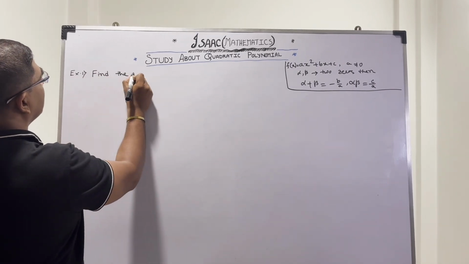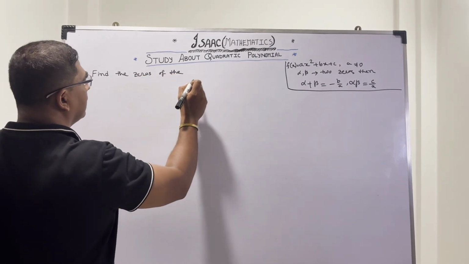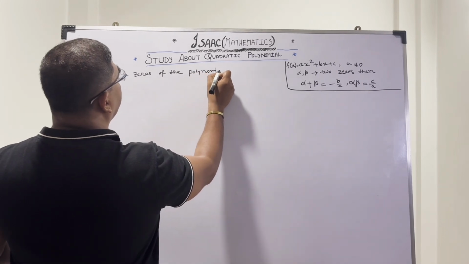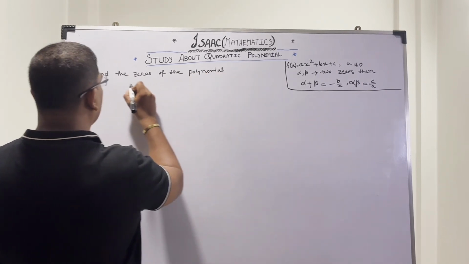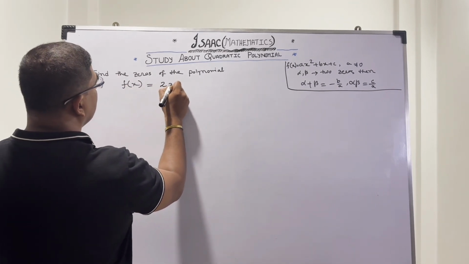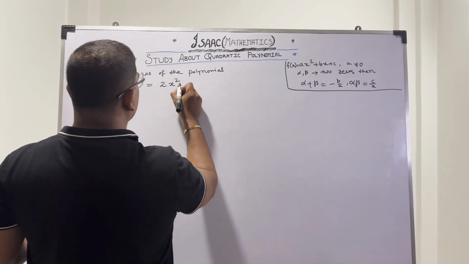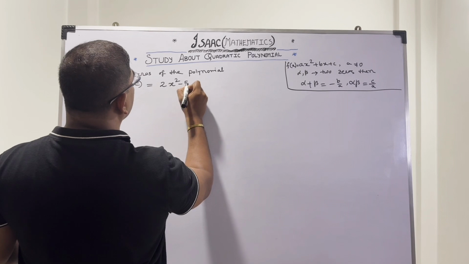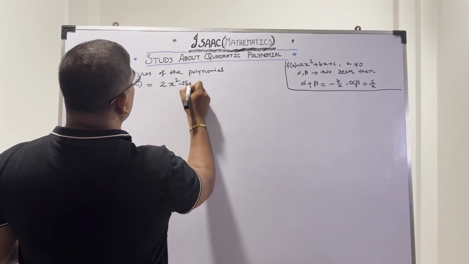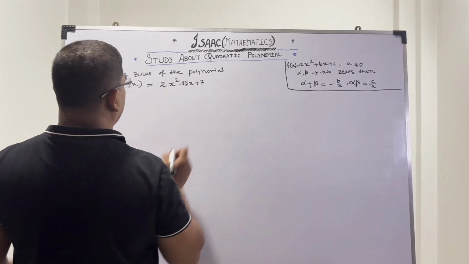Find the zeros of the polynomial f of x equals to 2x square minus 15x plus 7.